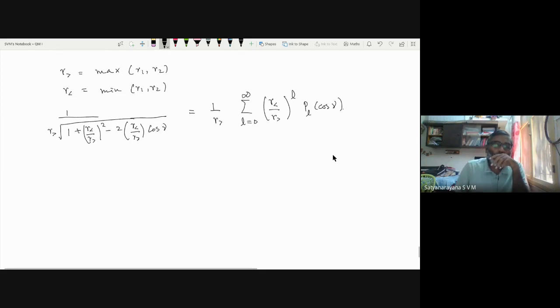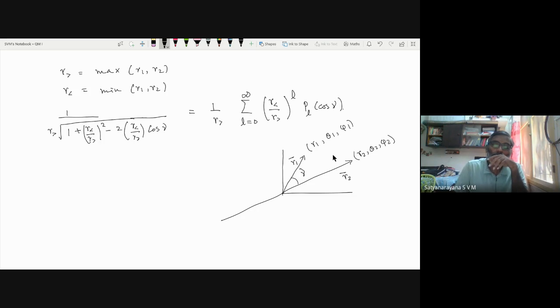Now, gamma is basically, so it is something like this. We have a coordinate system, and let's say this is your R1, and let's say this is your R2, and this is the angle gamma. But then R1 can be represented by spherical polar coordinates like this, R1 theta 1 phi 1 and R2 theta 2 phi 2.